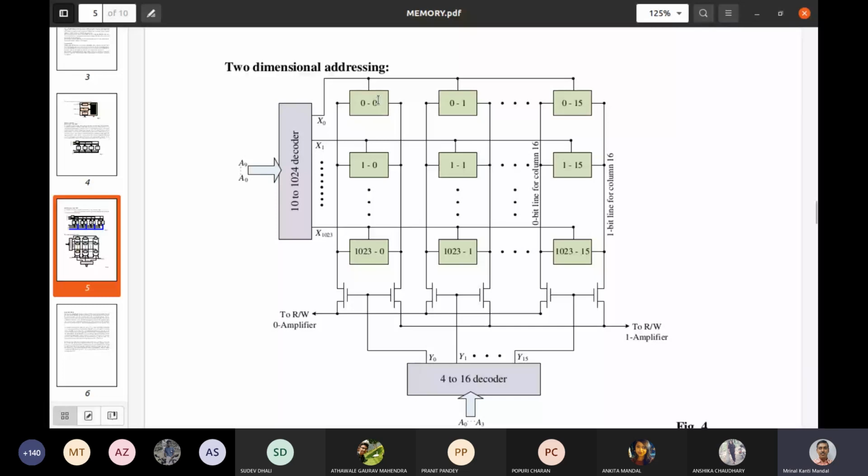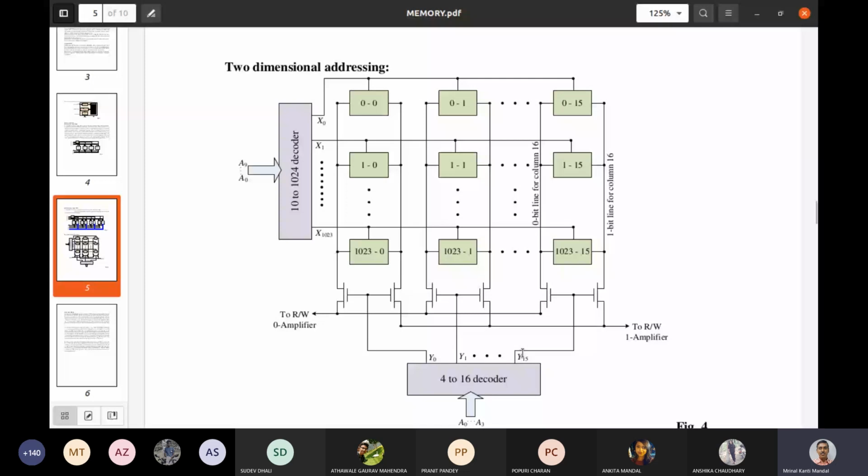That we have arranged. Oh, sorry. It is 1K into 16-bit memory. 1K into 16-bit memory organization. So it has 10 address lines, that is 1K different locations. 1K different rows are considered, and here Y0 to Y15, that is 16 bits. Each location can contain 16 bits.